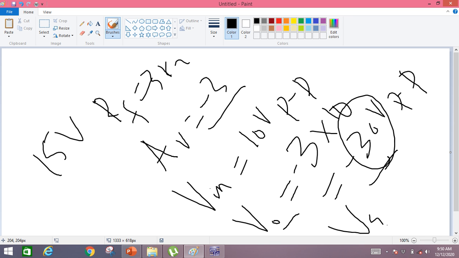Our output voltage will get saturated. So whenever we design the inverting or non-inverting amplifier, we should look at the saturation point. We should not cross this saturation point.